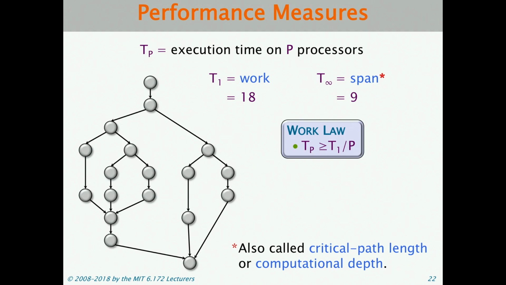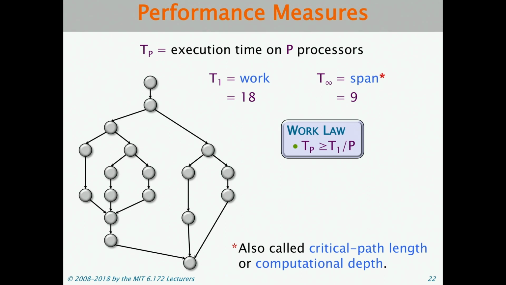The work law says that T sub P is greater than or equal to T sub 1 divided by P. So this says that the execution time on P processors has to be greater than or equal to the work of the program divided by the number of processors you have. Does anyone see why the work law is true? So the answer is that if you have P processors, on each time step, you can do at most P work.